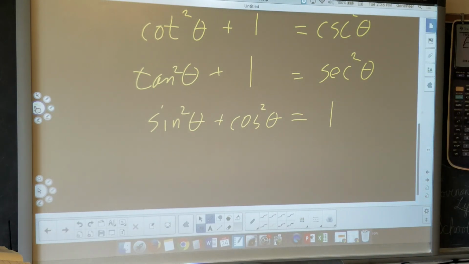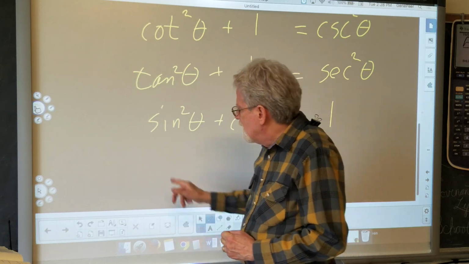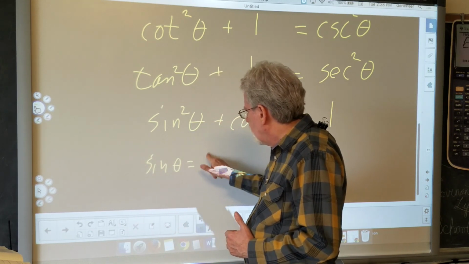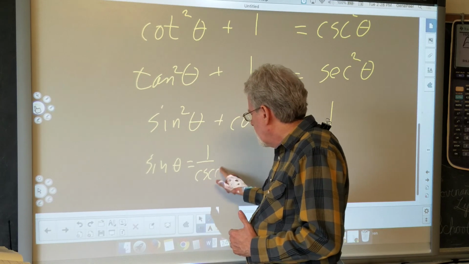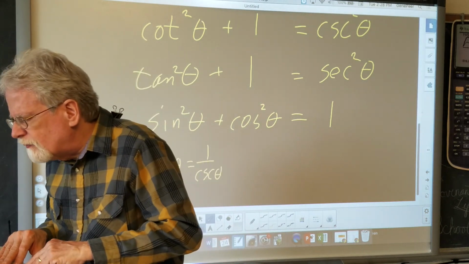So these 3, in addition to all the obvious ones, I say obvious, the old ones like the fact that sine theta is 1 over cosecant theta, and all those reciprocal functions. Was there something else I'm forgetting that we need to remember?